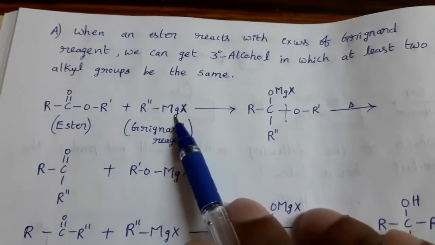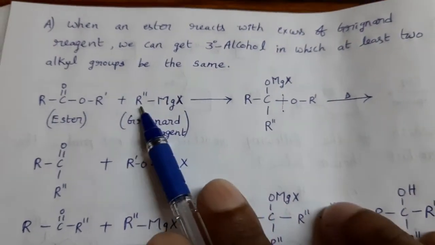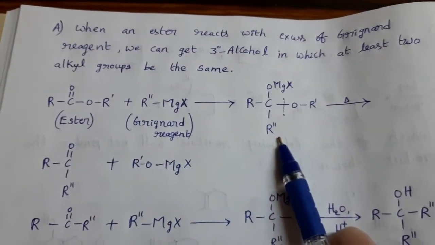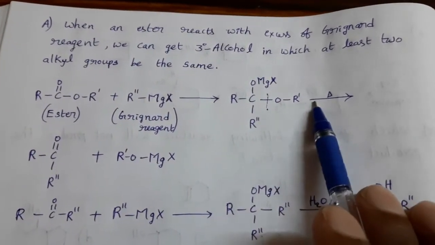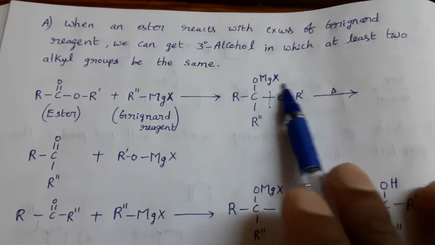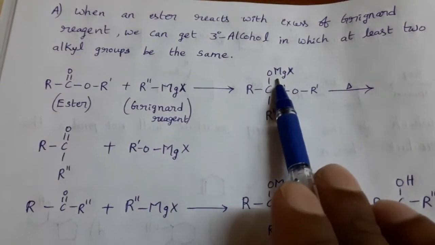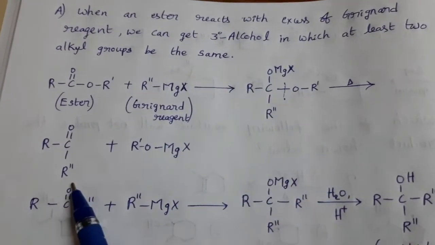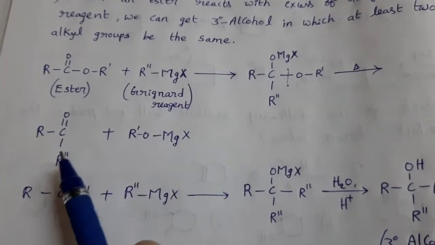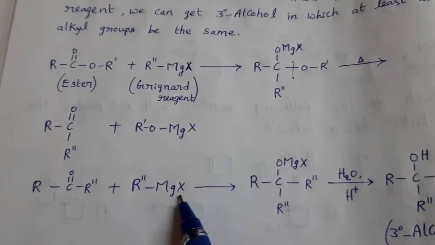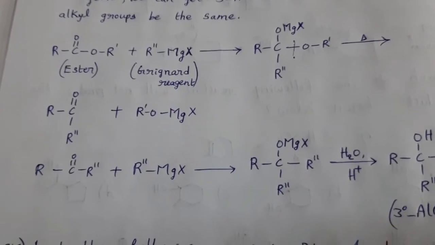Now MgX attached to this oxygen, we can get this structure. Alkyl group attached to this carbon, that is this one. On heating, this alkoxy group is removed and MgX is removed. Then we can get a ketone. That means R C double bond O R double prime, plus R prime O MgX. Now this ketone is treated with Grignard reagent because we are using Grignard reagent in excess quantity.